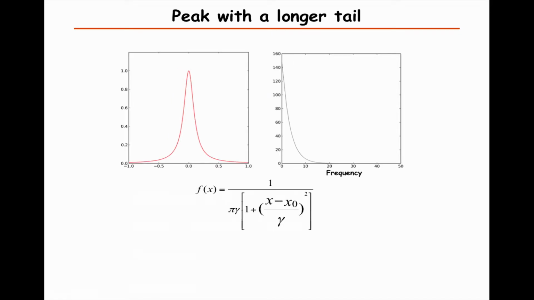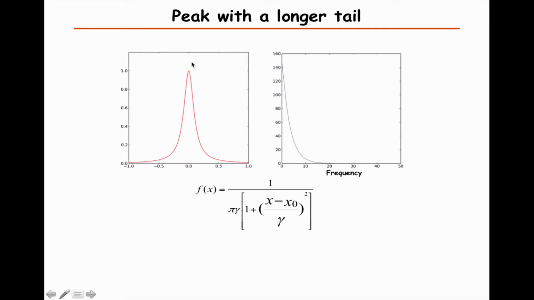Now there are other peaks. For example, we can define a peak with a longer tail, which is called the Lorentzian, and it has other names also. The functional form is given here, and you see that it has a much longer tail.